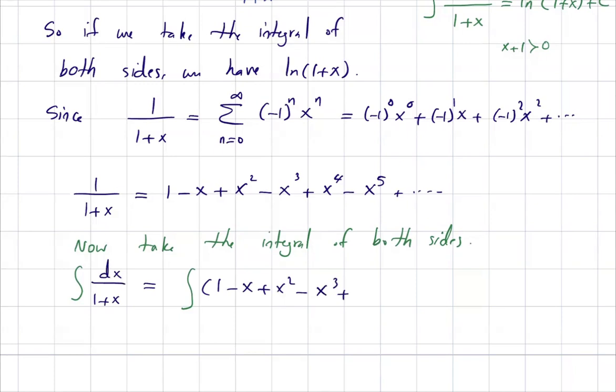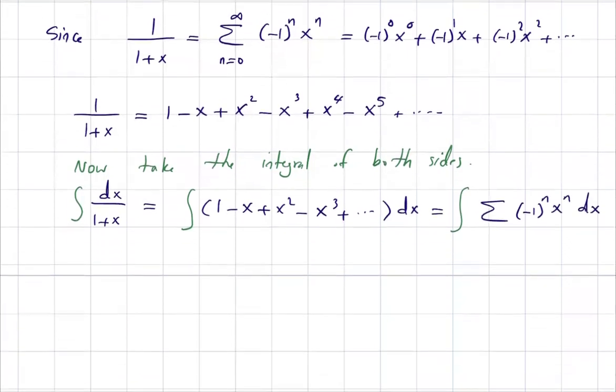I'm not going to copy down everything, plus dot, dot, dot, dx. And on the right hand side, you have the integral of your power series, the summation of negative 1 to the power n times x to the n dx.